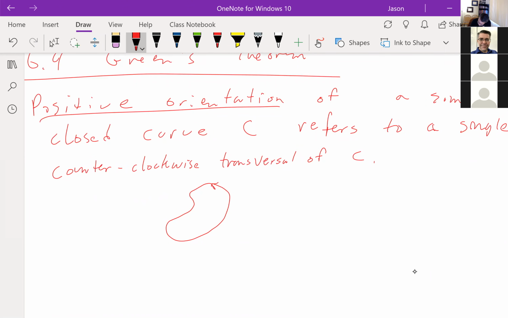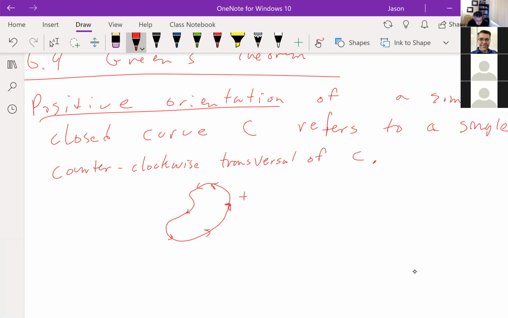We're going counterclockwise as we traverse this simple closed curve, where a positive rotation is counterclockwise.